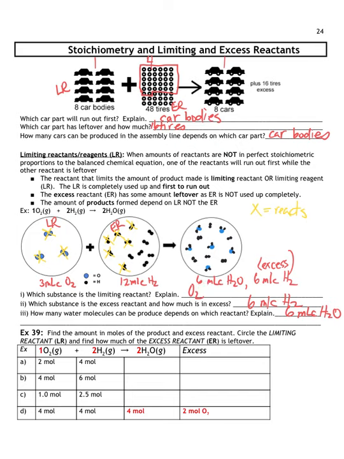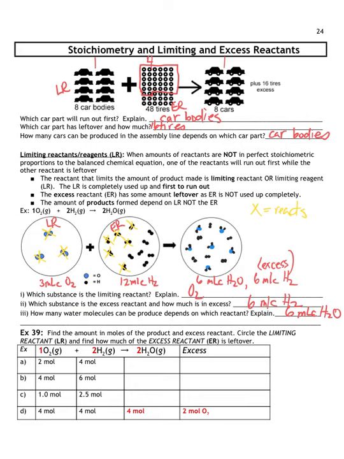Now, are all problems going to require you to draw it out in order to understand what you're looking at? Not at all. There is a very easy way to determine the limiting reactant, and I'm about to show you using example 39 the quick and easy way to see who is going to run out first. You can do all that in your head.